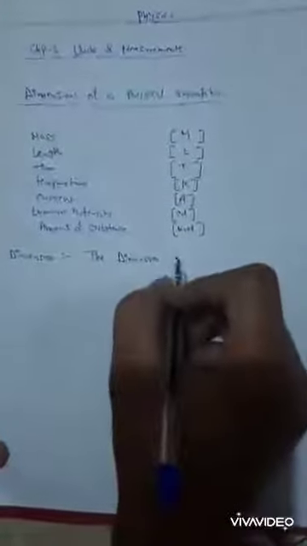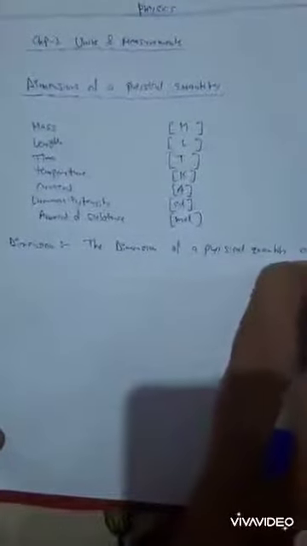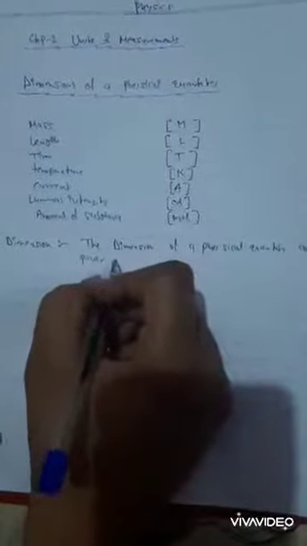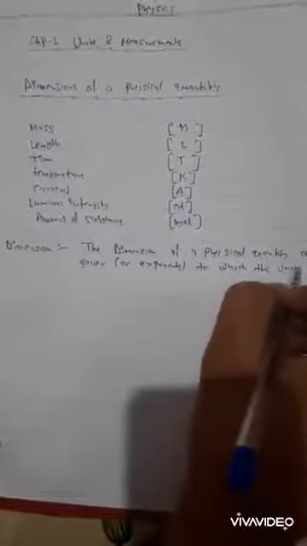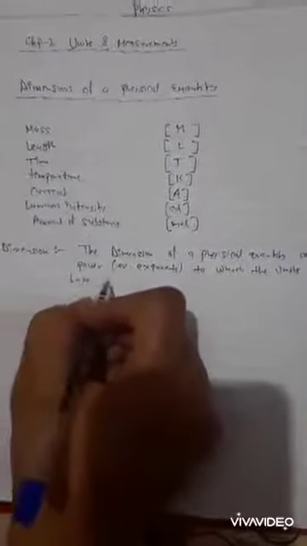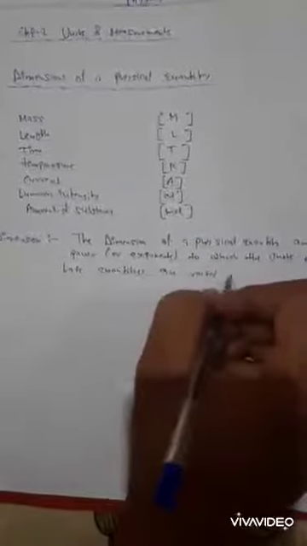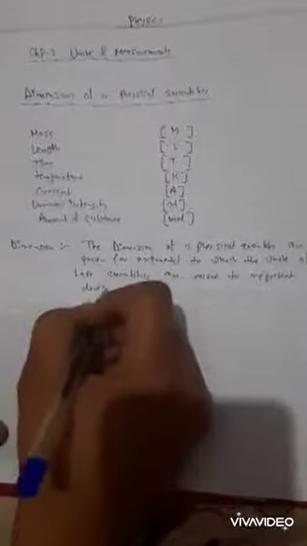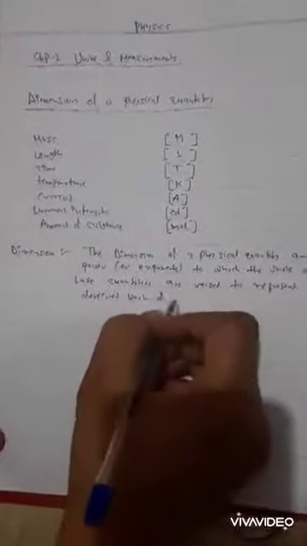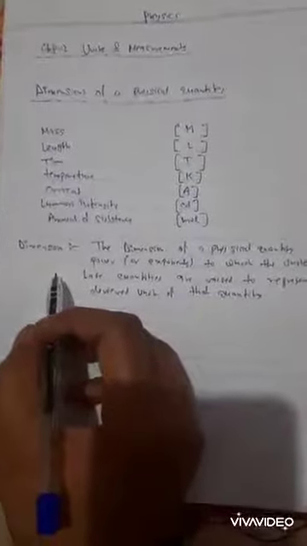So the dimension of a physical quantity are the power or exponents to which the units of base quantities are raised to represent a derived unit of that quantity. So the definition is a little bit complex.